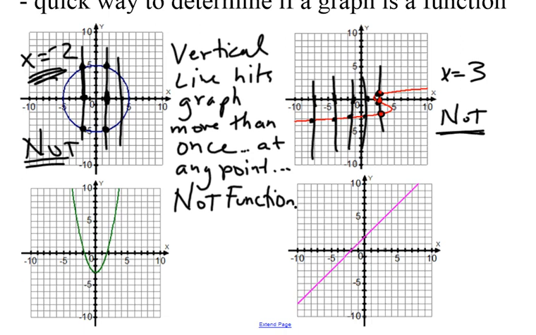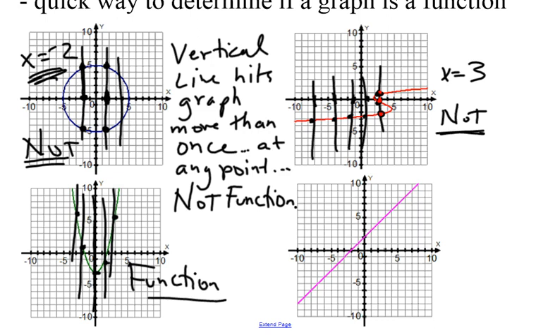Finish with the last two. We looked at these ones, a parabola. If you draw a vertical line, you will see that that vertical line is only hitting the graph at one point. So each of those x's are only occurring once. So that makes this one a function.